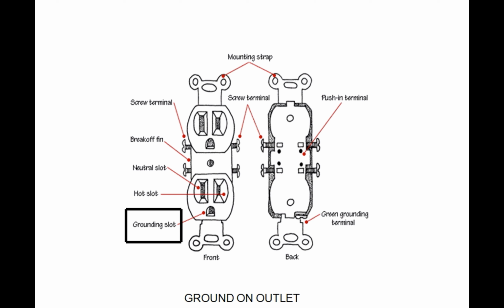And basically, the mounting straps are on the top and bottom, and that's screwed into something, probably a small metal pan behind the outlet in the wall, so that it can be held into place. And then when you see the terminals, those are actually where the electrical wire comes in on one side and then out to continue to flow on the other side. Alright, so it comes in and it comes out, so you have to be connected on both sides to keep the flow going.